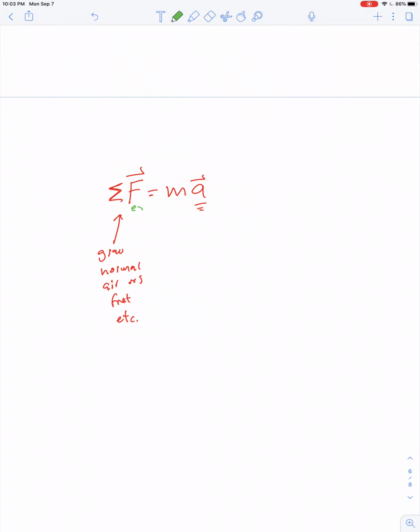It's only the external forces that need to be summed up. And in our next few lessons, we'll give some more examples of the difference between internal and external forces. So Newton's second law seems very simple at first glance, but if you can appreciate this idea that force is a vector quantity, you can see there's often a little bit of challenge in diagramming in order to help figure out what exactly is the value of sigma F.